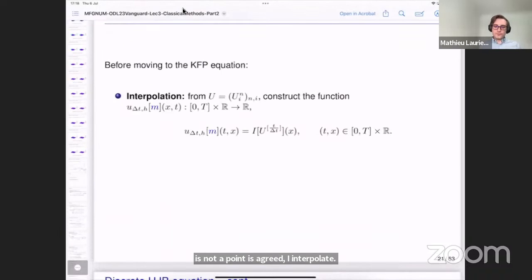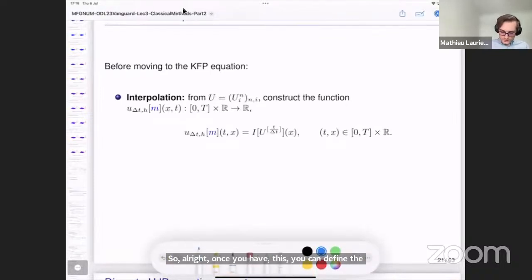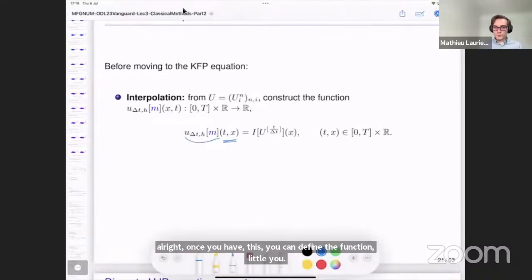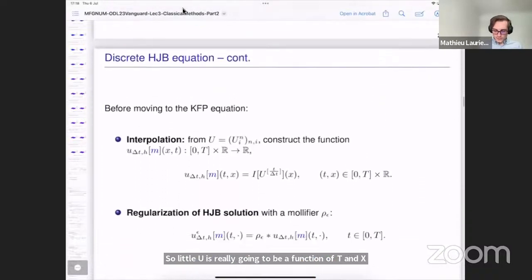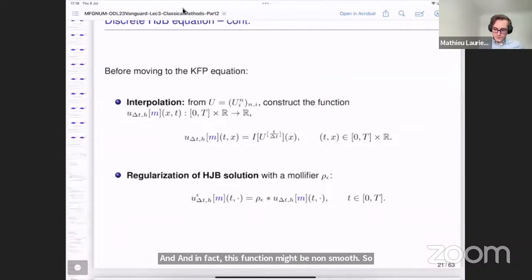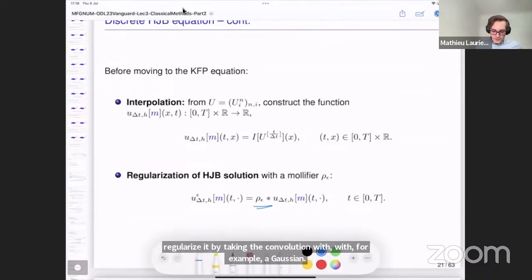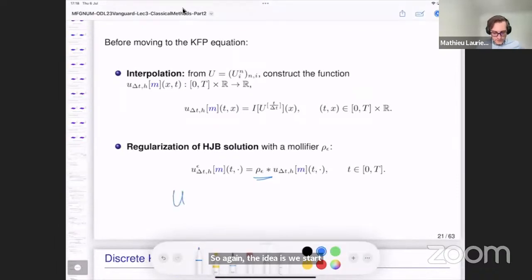All right, once you have this, you can define the function little u. Little u is really going to be a function of t and x obtained by interpolating the capital U. In fact, this function might be non-smooth. So what Carlini and Silva propose to do is to regularize it by taking the convolution with, for example, a Gaussian kernel. Again, the idea is we start from the function capital U at time n+1.